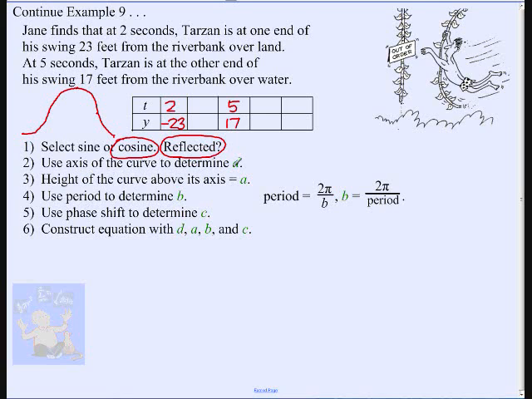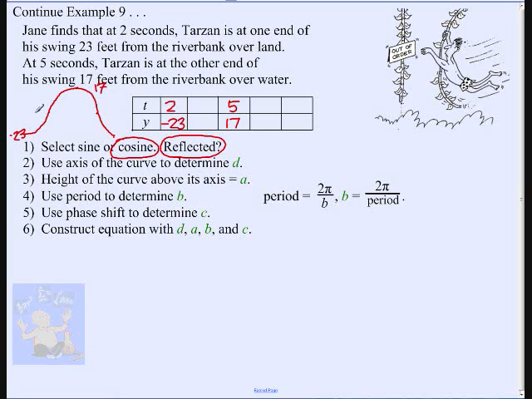Use the axis of the curve to determine d. Well, the axis, if this is a negative 23, and this is a positive 17, the difference between those, or the difference from here to here, is 40.